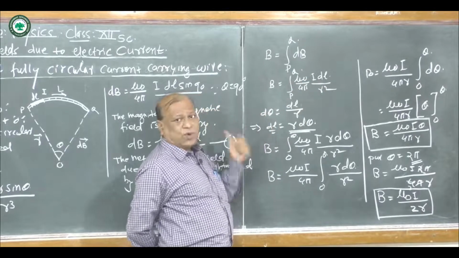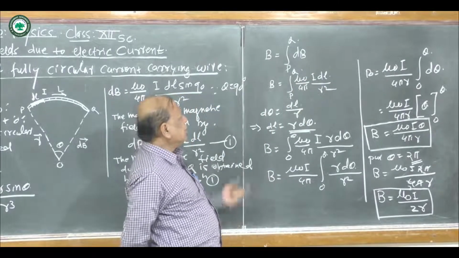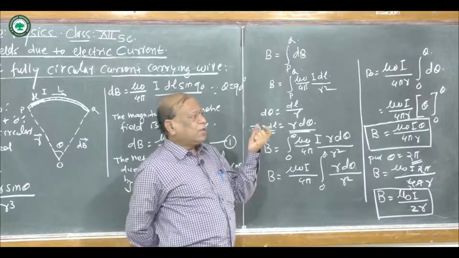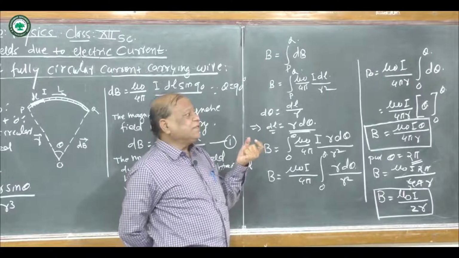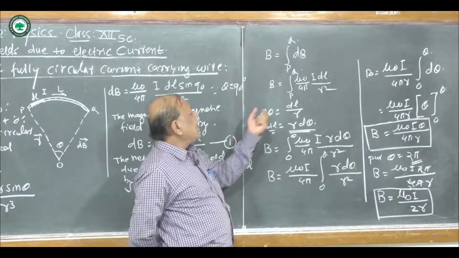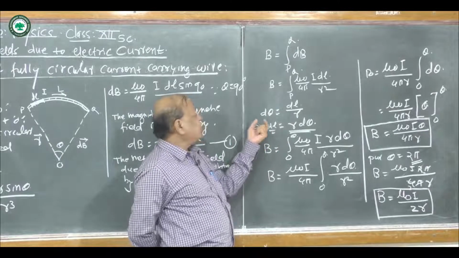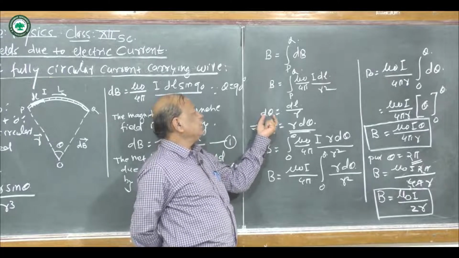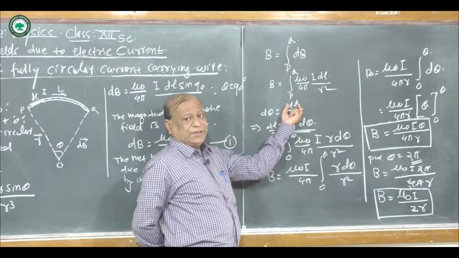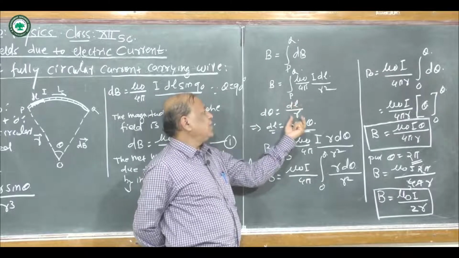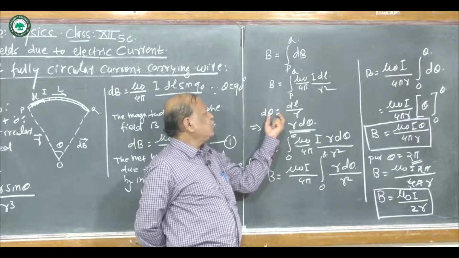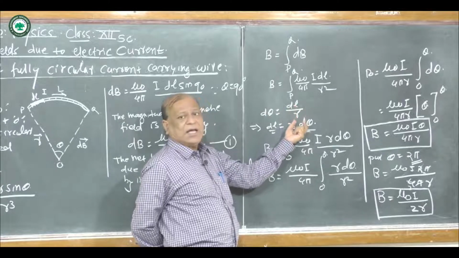From the figure, this small element makes a small angle d theta at a distance r, and therefore d theta is equal to the element, that is the arc, divided by the distance, so d theta is equal to dl by r.